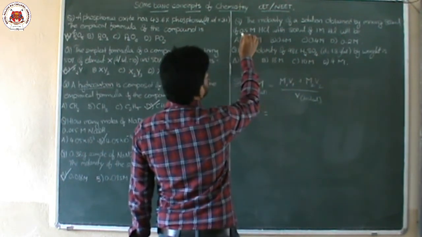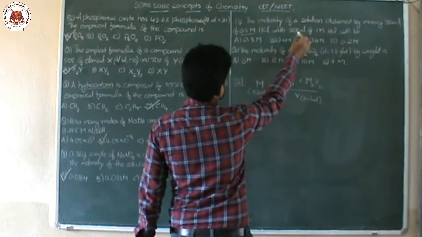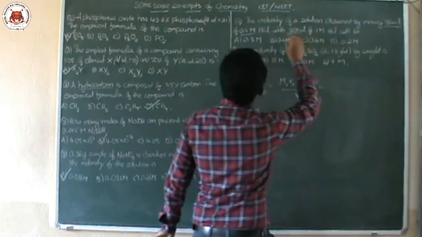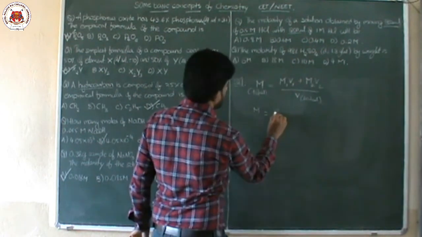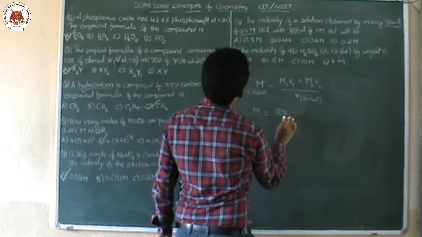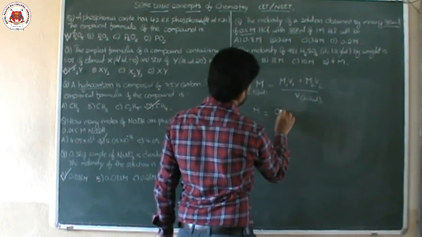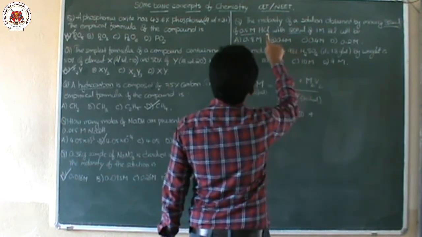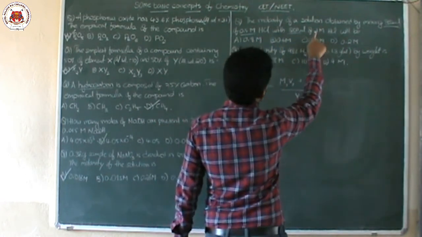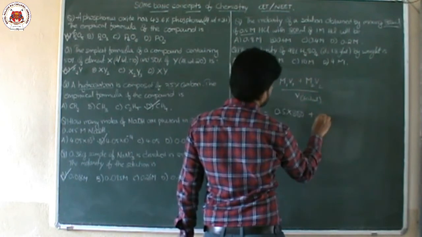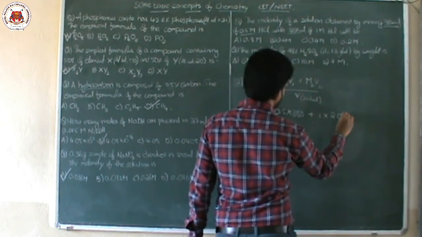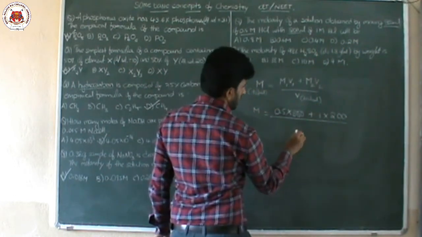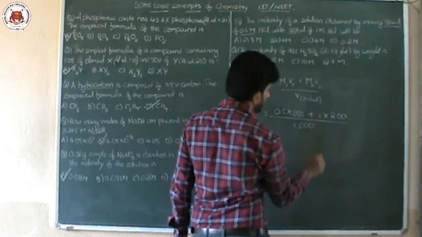M1 means 0.5, V1 means 800. So 0.5 into 800 plus M2, which is 1 molarity, into V2, which is 200, divided by total volume 800 plus 200, which is 1000.